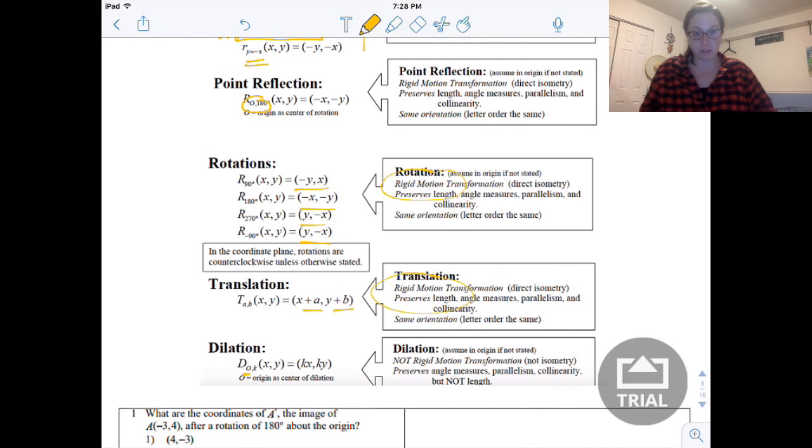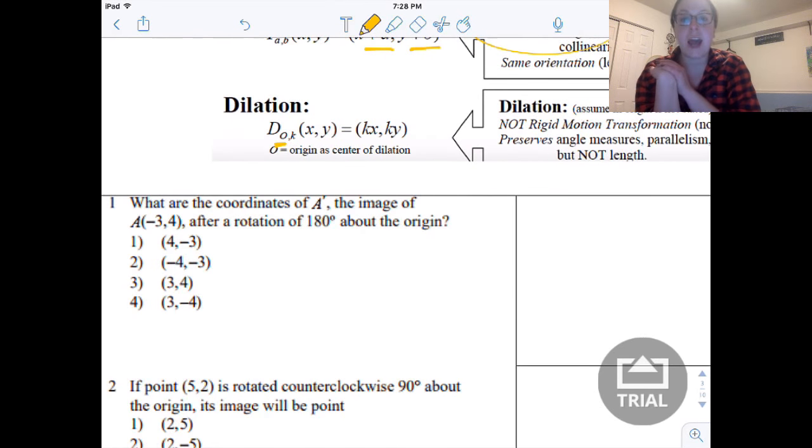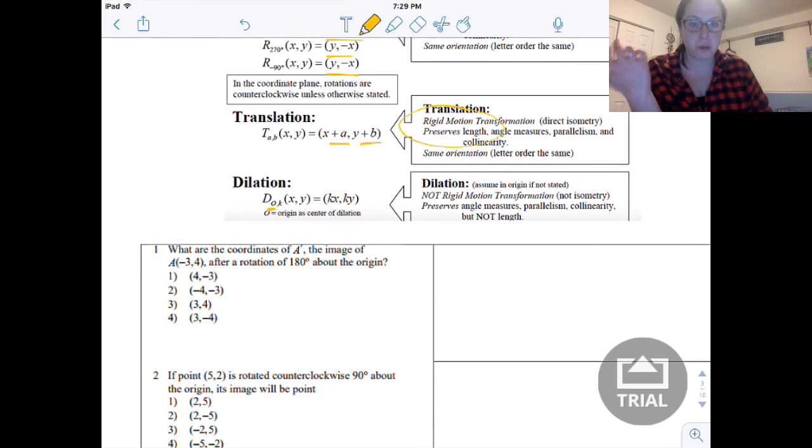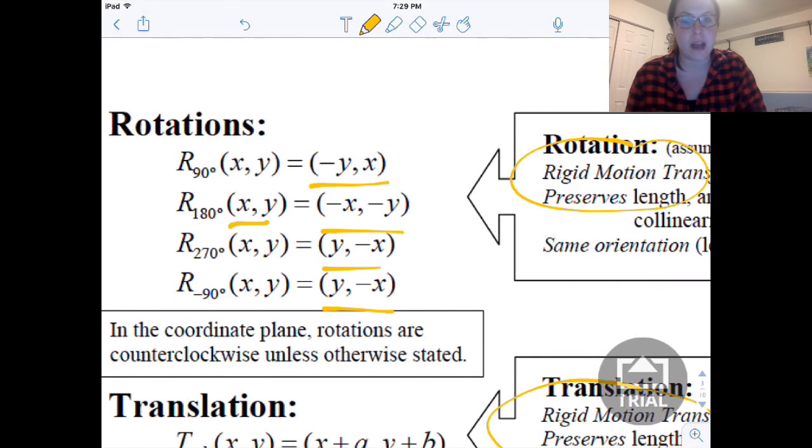So a lot of questions I asked were, could we just go over how to do some rotation? So we're going to start with that. So this was one we're going to start with, and I'm going to show you guys using both methods, and I don't care which you prefer, but let's say I like the rule. So the rule for a 180 degree rotation is this. You take xy and you map it to negative x, negative y.